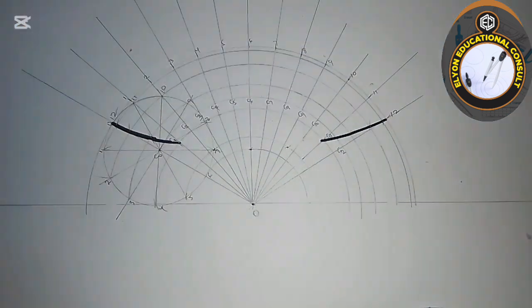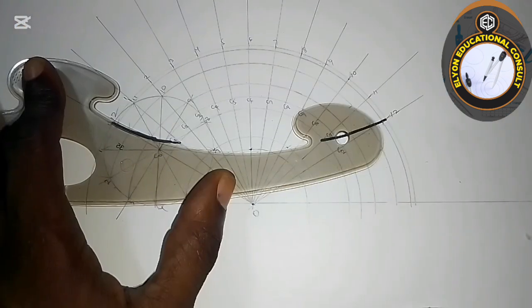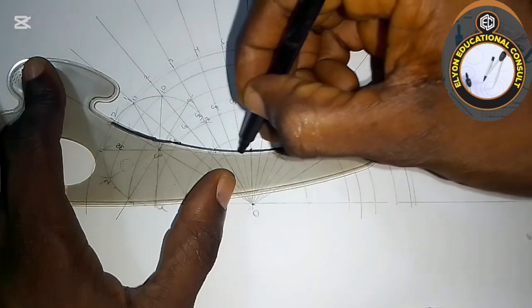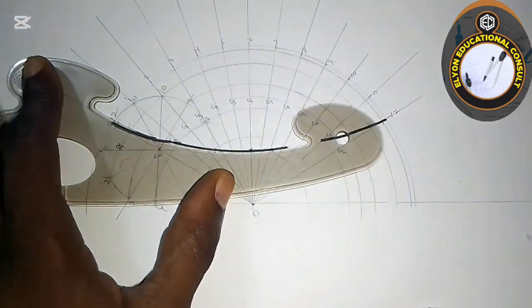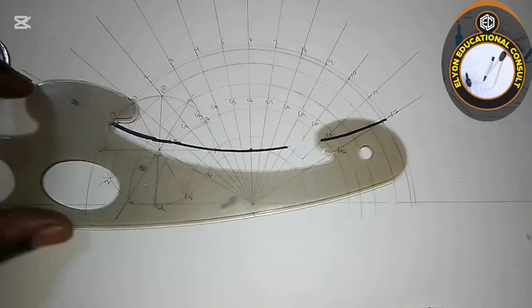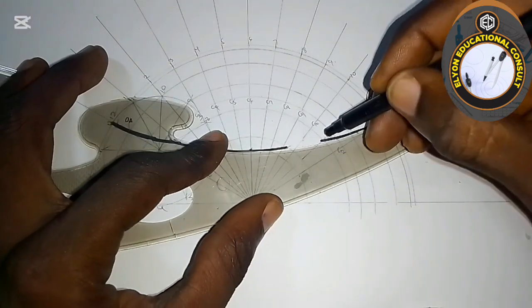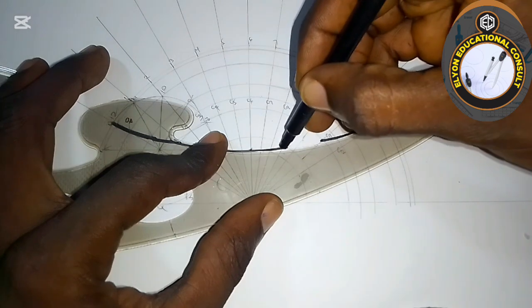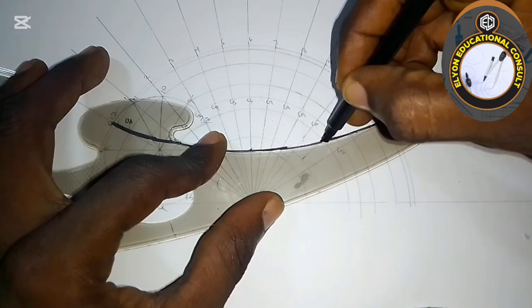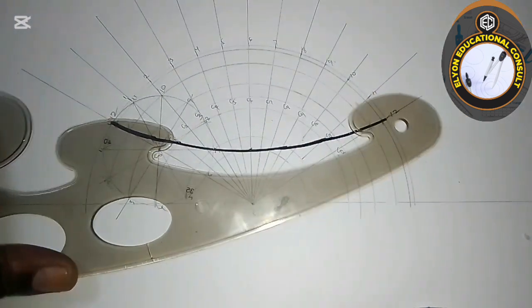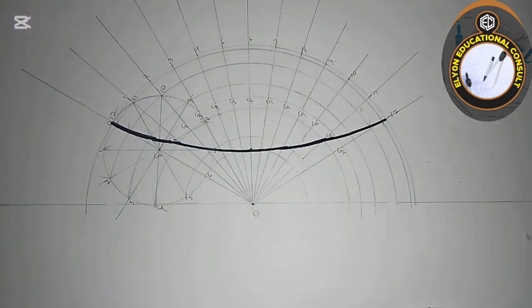Okay, that way. Then I have also this part join this way. Then finally this part join this way.